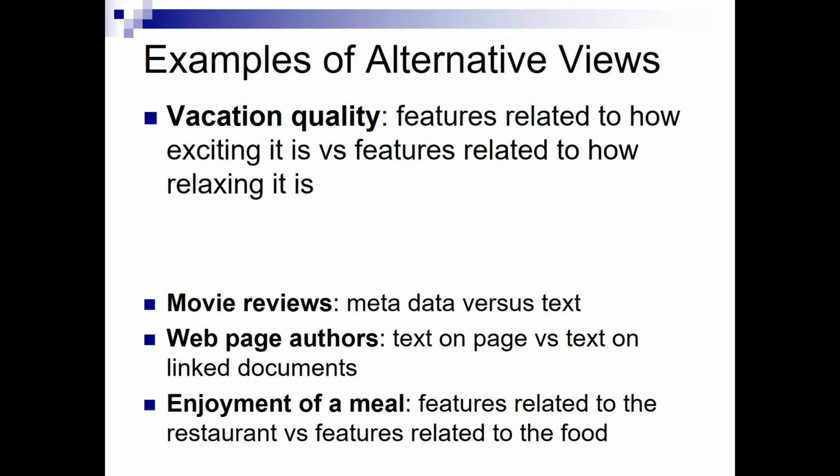Movie reviews have a couple of different views. You've got the text of the review, and you also have metadata about the review and metadata about the movie that could be combined in there. Possibly the combined metadata might create one view of neighborhoods within your review space, whereas the text might create another.